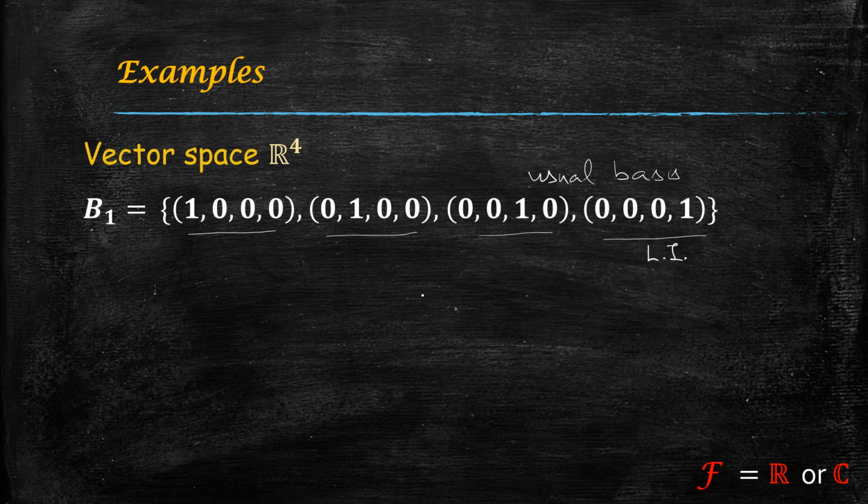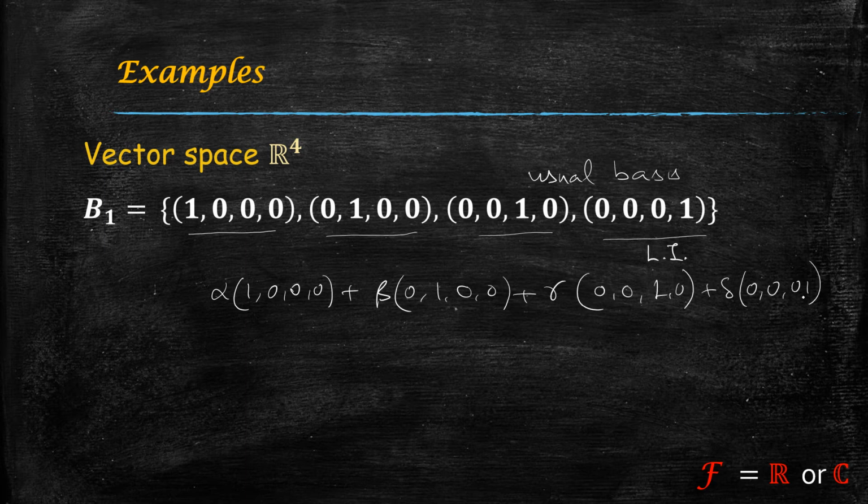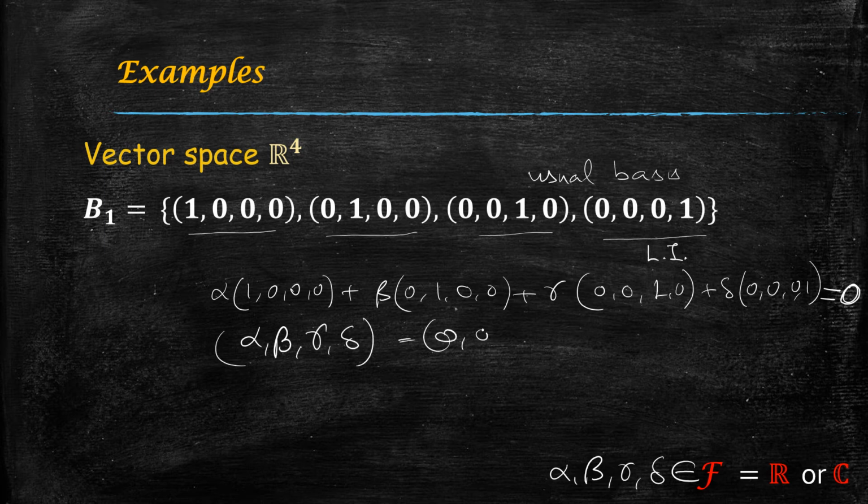You can easily see here that if we take a linear combination of these vectors, alpha of E1 plus beta of E2 plus gamma of E3 and delta of E4, and put this linear combination equal to 0, where alpha, beta, gamma, delta are scalars belonging to field F, we will have alpha, beta, gamma, delta equal to the 0 vector, 0 0 0 0. So the value of alpha is 0, beta is 0, gamma is 0 and delta is also 0.